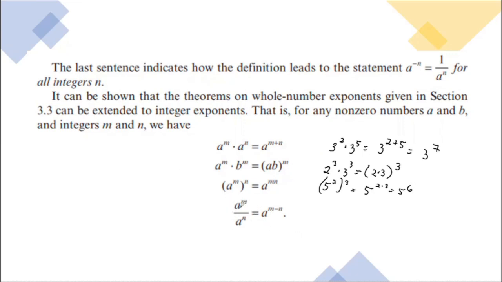Then last, A raised to M over A raised to N is also equal to A raised to M minus N, where M is greater than N. Okay, for example, 3 raised to 4 over 3 raised to 2. So it will become 3 raised to 4 minus 2 or 3 raised to 2. Okay?